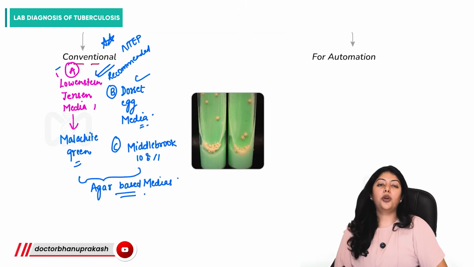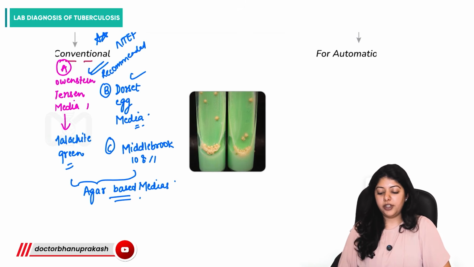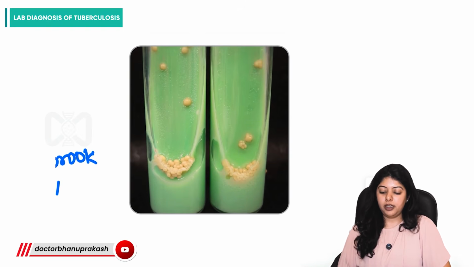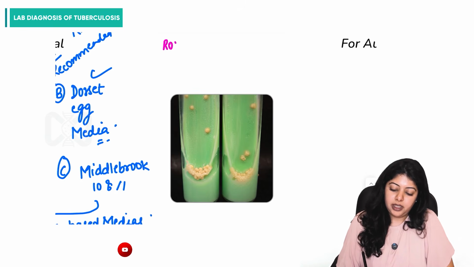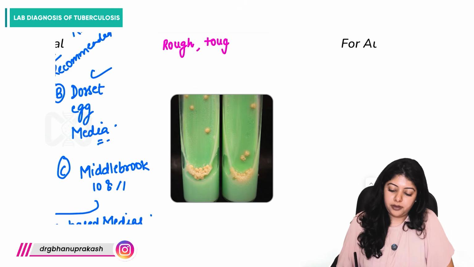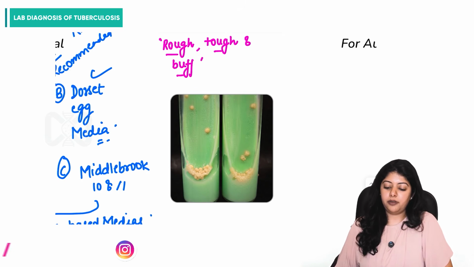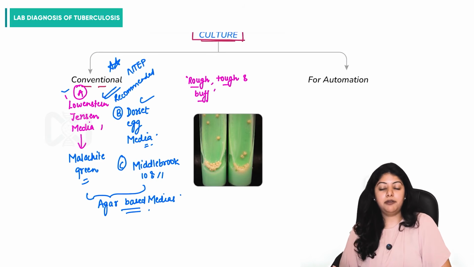And what kind of colonies do we get on LJ media? These are rough, tough, and buff, the most famous question from the culture of TB. What do we understand by rough, tough, and buff?